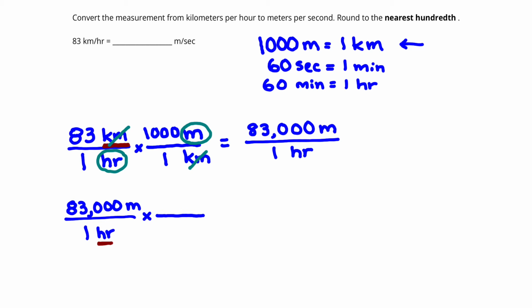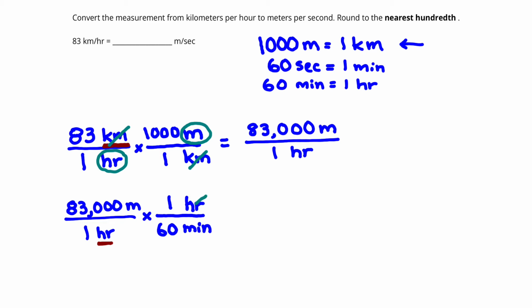Now, why would I do that? Because I want to cancel my hour, right? I want my hour underneath to cancel. And in order to cancel it, I have to put something in the numerator to cancel it with. So I'm going to put my hour in the numerator and my minutes then in the denominator. And the correspondence between the two is that 1 hour is equal to 60 minutes.